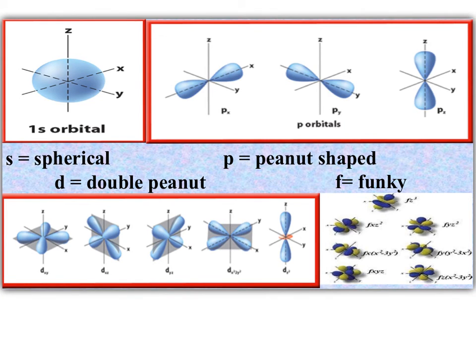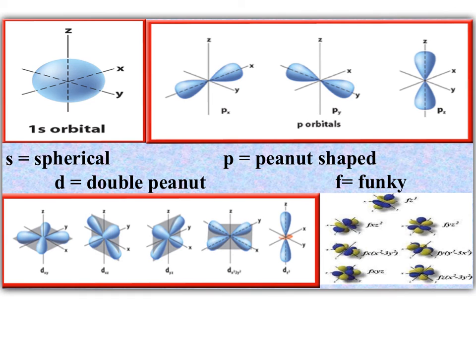And then just to finish up, here's what scientists think they look like. This isn't particularly important to us either, although I think having a visual helps. You notice that the s orbital, I think of that as being spherical. I think most people would. The p, some people describe that as a dumbbell shape, but I like to describe it as a peanut shape since it starts with p. And there's 3 of them because they can lie in 3 different planes: back and forth, up and down, front and back.